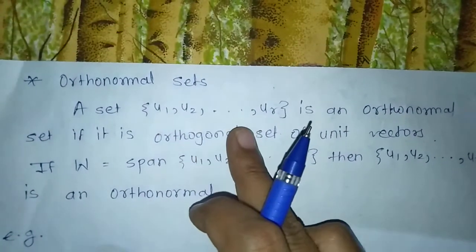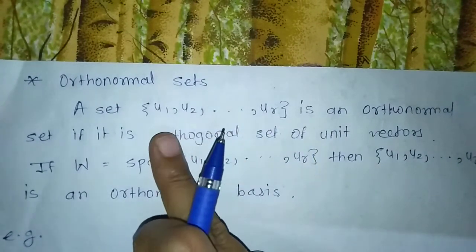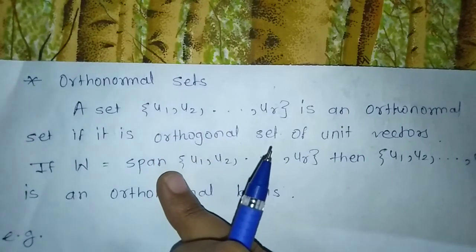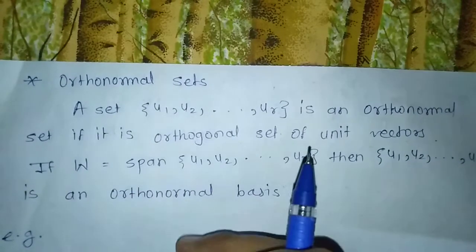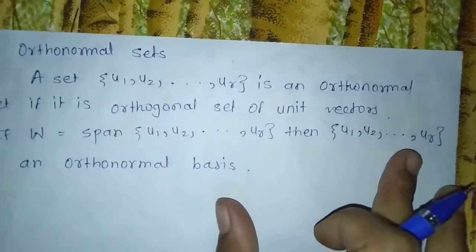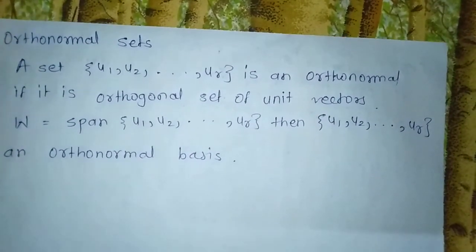Means the given set should be an orthogonal set, and moreover each vector should be a unit vector, meaning norm of each vector is equal to 1. Also if W is equal to span of u1, u2 and so on up to ur, then the set is an orthonormal basis.